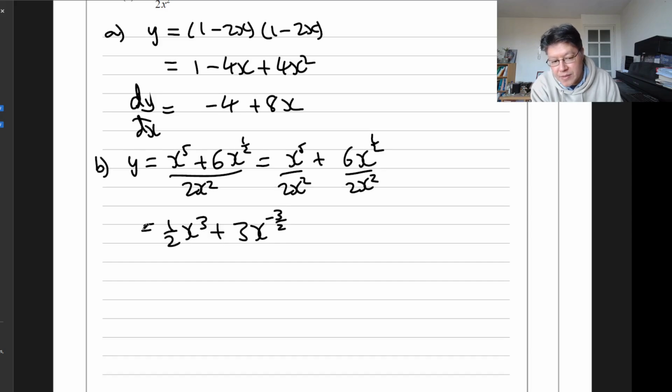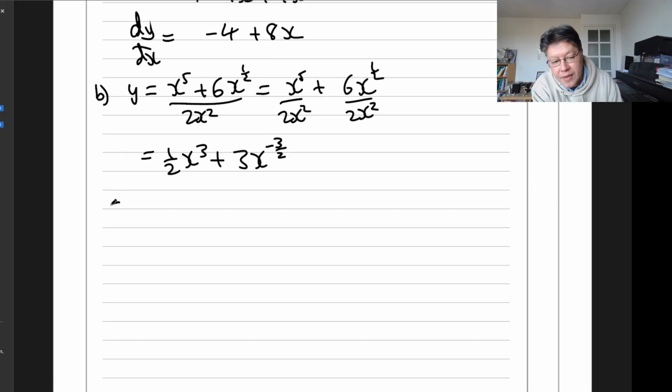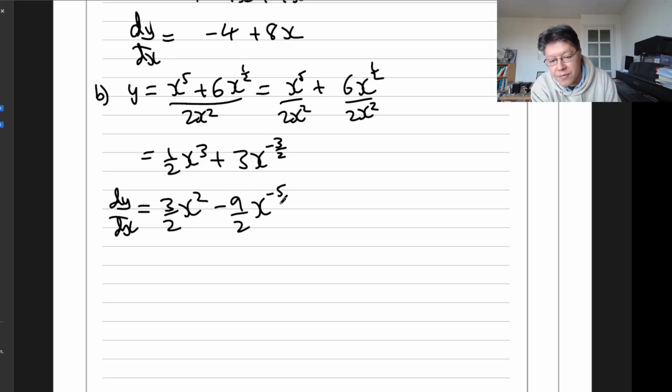So now that we've split up the fraction, we can now differentiate it. So here we get dy dx equals 3 over 2 x squared, and then it's minus 9 over 2 x to the minus 5 over 2.